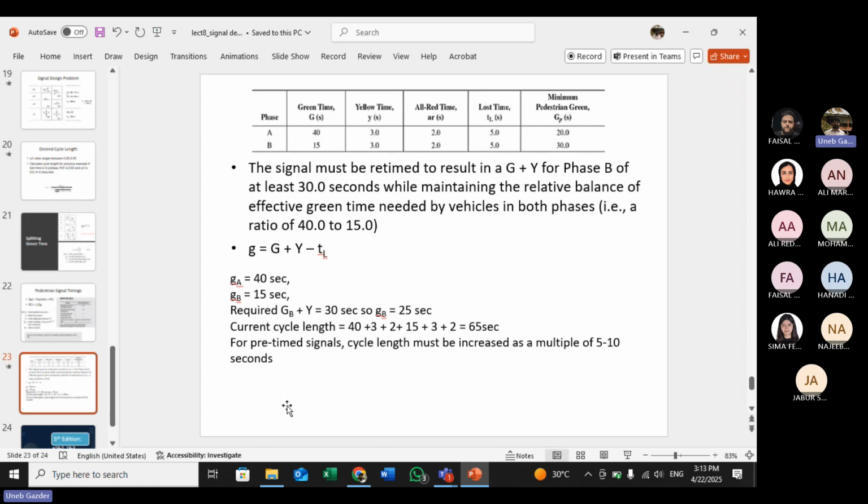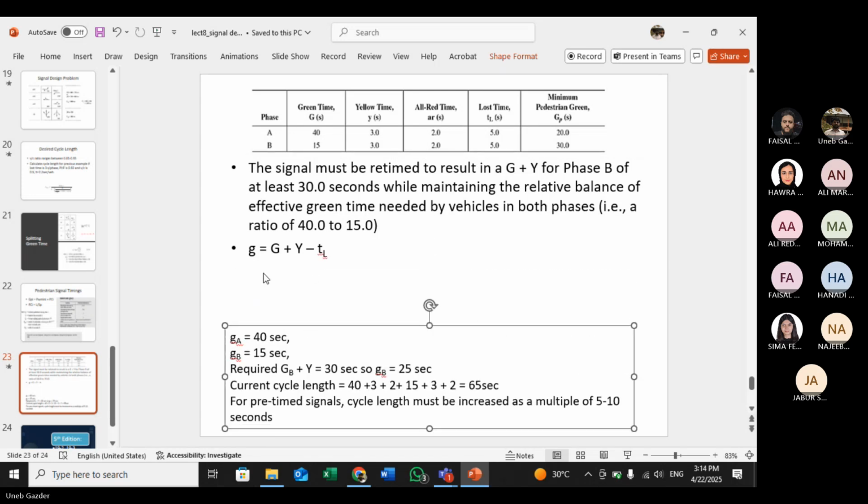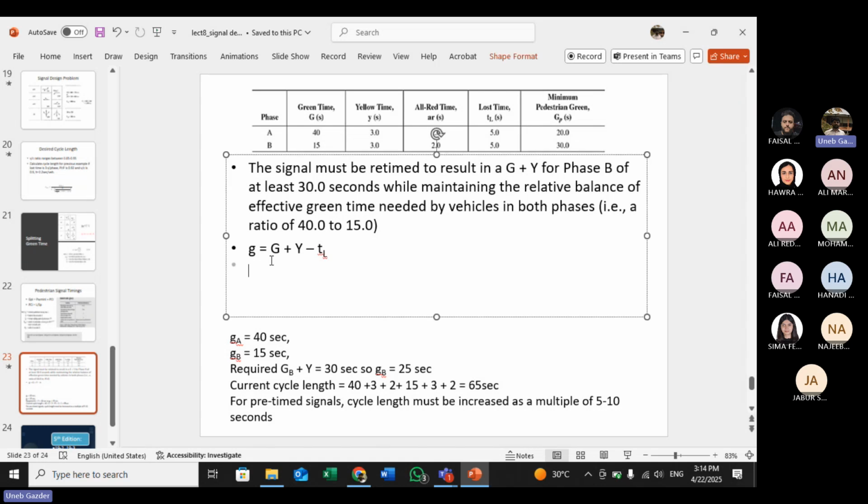First of all, let us check. If you look at phase A, green plus yellow plus all red, 40 plus 3 plus 2, the total is 45.